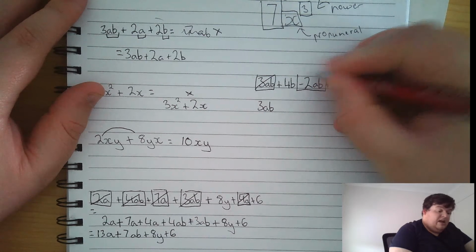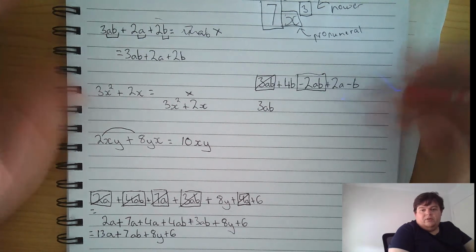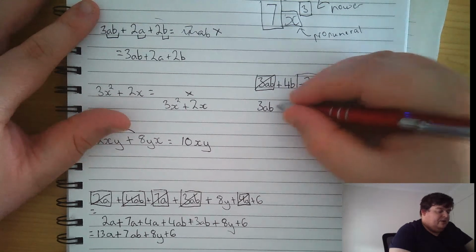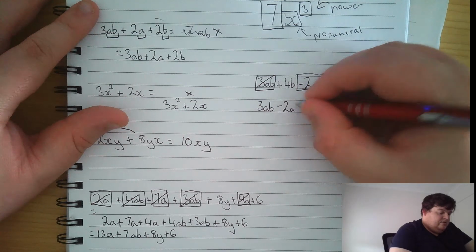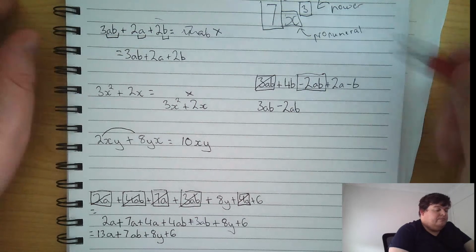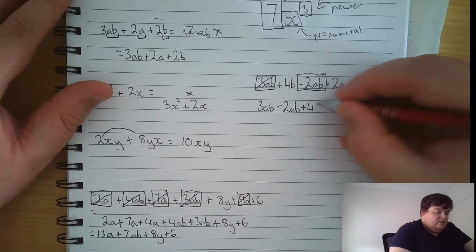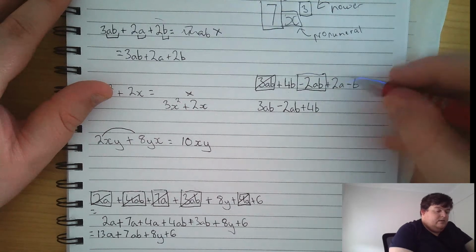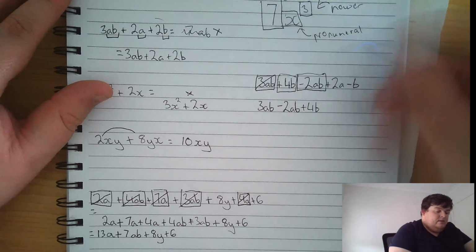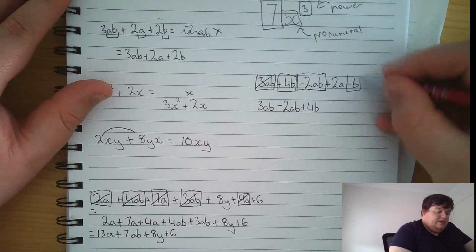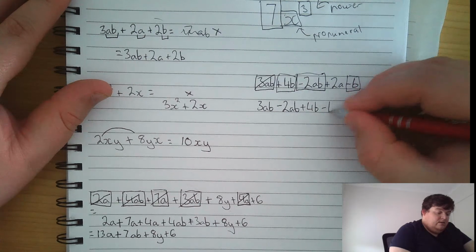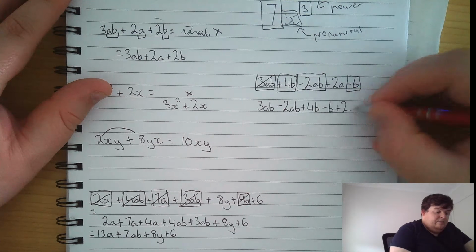Otherwise you're going to stuff up your question and then that minus might disappear. So it's important to take the sign with it. Then we've got plus 4b. And I've got a minus b on the end. Minus b plus 2a is my last one.